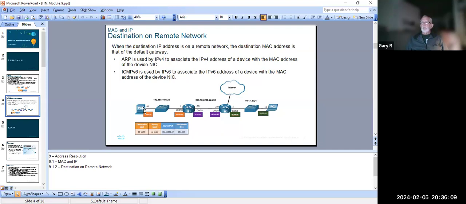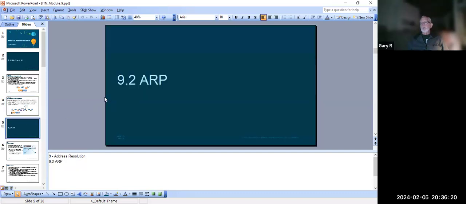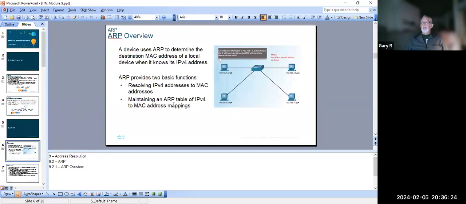And so what we need to do is say, okay, given that we want to send to the IP address on that interface, what's the MAC address that goes with it? And what we use is ARP, Address Resolution Protocol. Essentially what we're going to do is resolve an IP4 address to a MAC address.